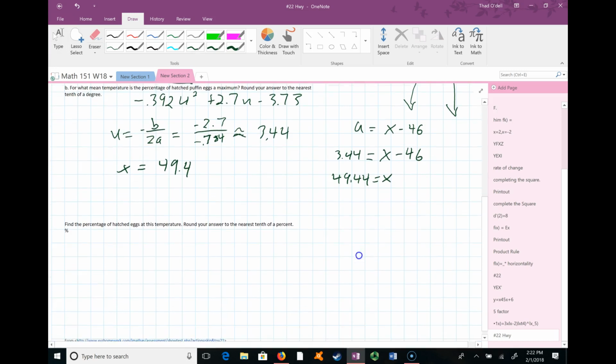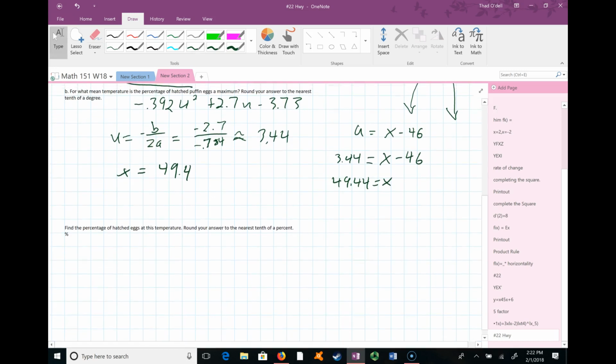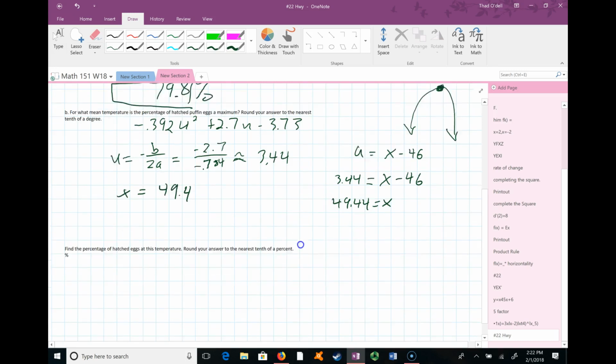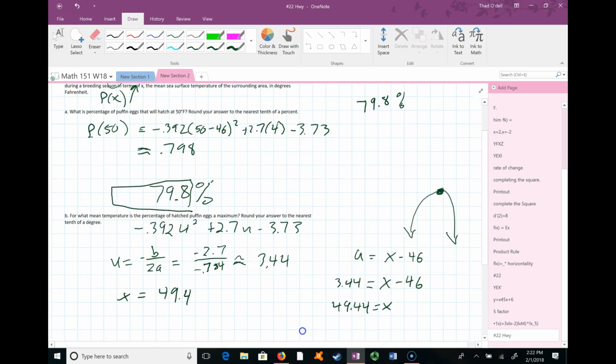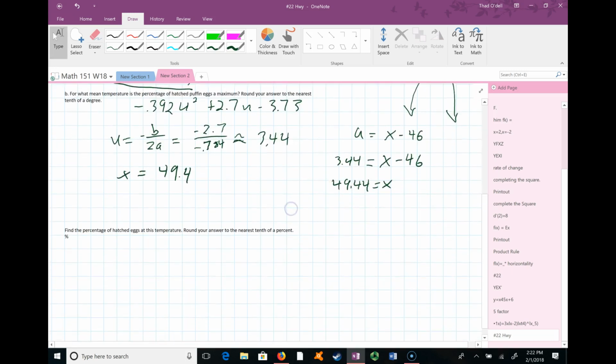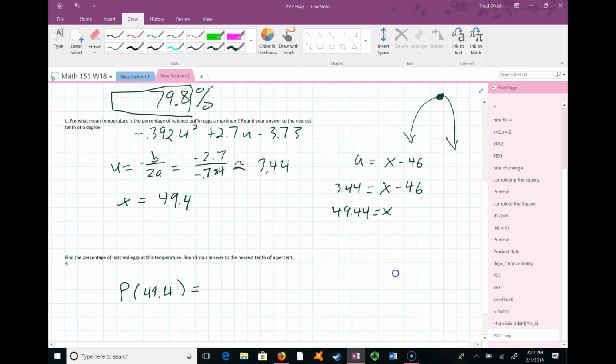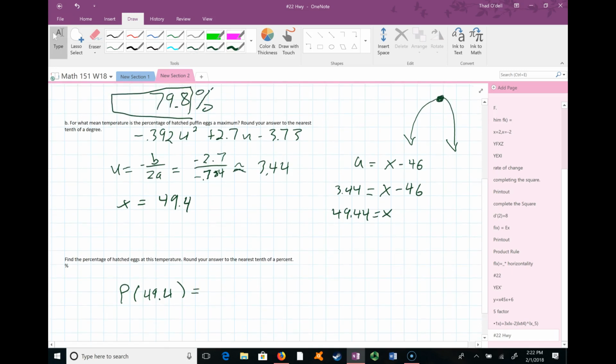In this third question, it says find the percentage of hatched eggs at this temperature. Anytime I have an x value and I want to find the y value, or in this case the p value, because I call it the p function, we just have to find p of 49.4. Of course, that just means plugging 49.4 into the equation.